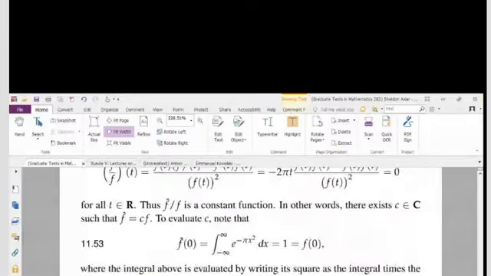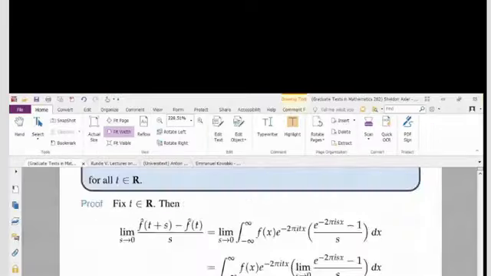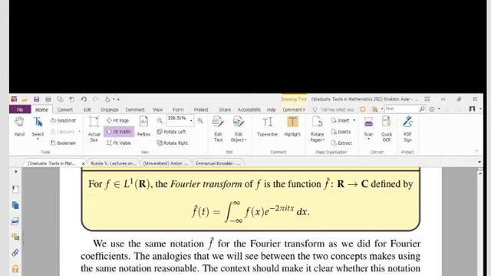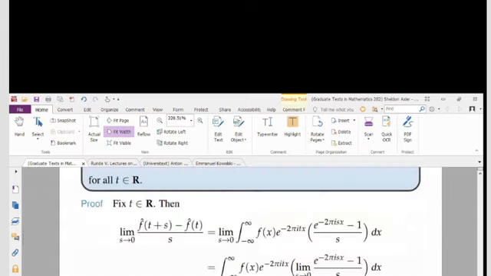We use the definition of f hat directly, okay? f hat of 0 equal to f of x e to the power of 0, okay? Now we consider this function.